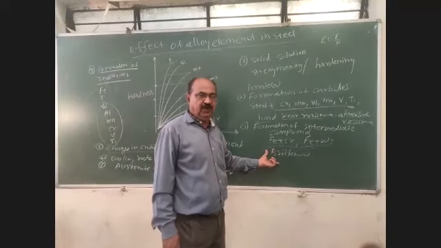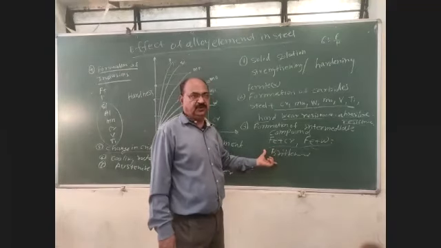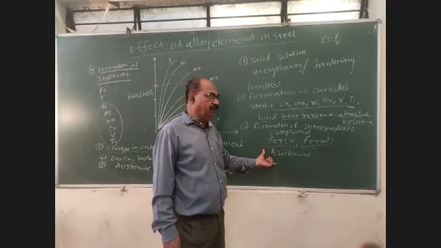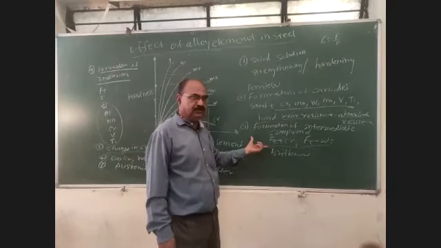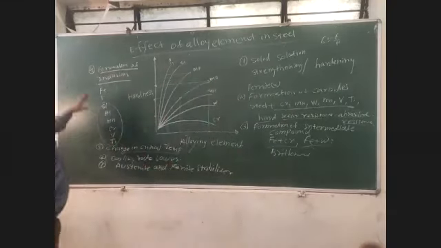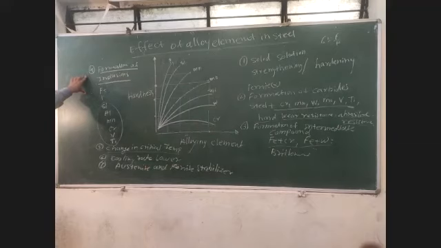You will have to see the powder form. In our powder metallurgy, this is very important. Next, formation of inclusions. If we require certain oxide formations, then you have to add this element and Fe, for formation of inclusions.